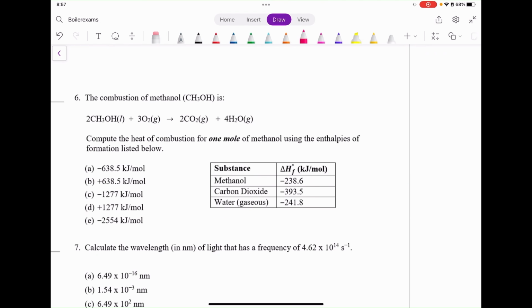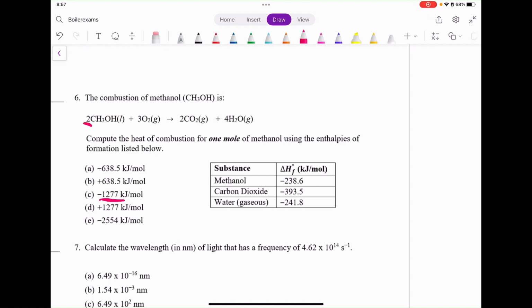6. The combustion of methanol is this reaction. Compute the heat of combustion for 1 mole of methanol using the enthalpies of formation listed below. Okay, right off the bat, if you use the method that I showed in the previous problem, you could potentially get this answer, which is exactly double what the correct answer, I believe, is going to be.